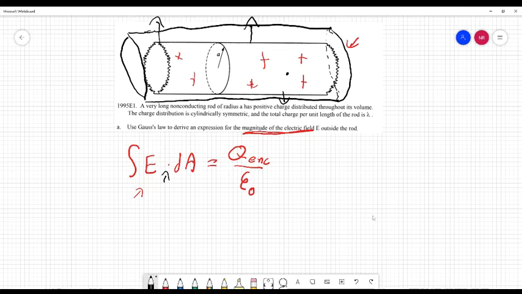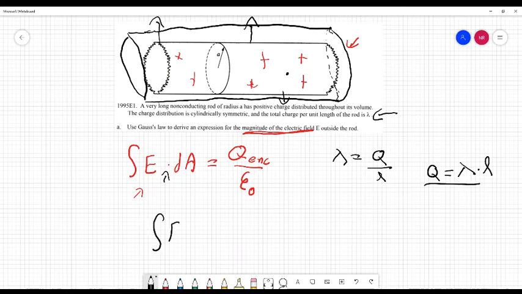To find Q enclosed, we will have to use the lambda constant, which is charge per unit length. So if lambda equals Q over unit length, that means that the charge equals lambda times L. Now if we plug this into the equation, we get the integral of E dA equals lambda times L over epsilon naught.